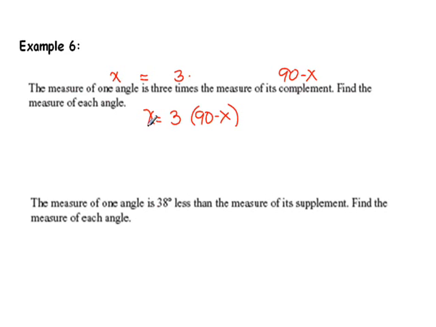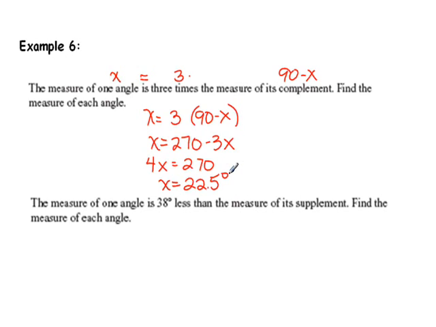And I need to go ahead and solve this for x. So x equals 270 minus 3x. Once I distribute and add 3x to both sides, I get 4x equals 270, which means that x equals 22.5 degrees. Decimals are okay in this case.